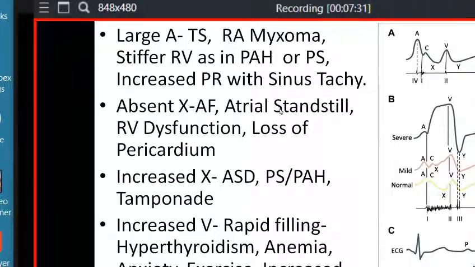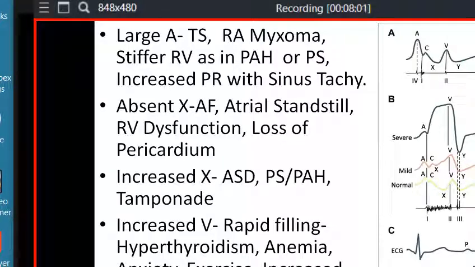So if the RV is dysfunctional, especially when it becomes a restrictive phase, you will get sharp Y descents, but the X descent will vanish. And also it happens in loss of pericardium, because the pericardium has to be intact. When the ventricle contracts, there is negative pressure in the pericardium that is transmitted to the right atrium. So that produces this waveform. Once that is lost, that descent is also gone.